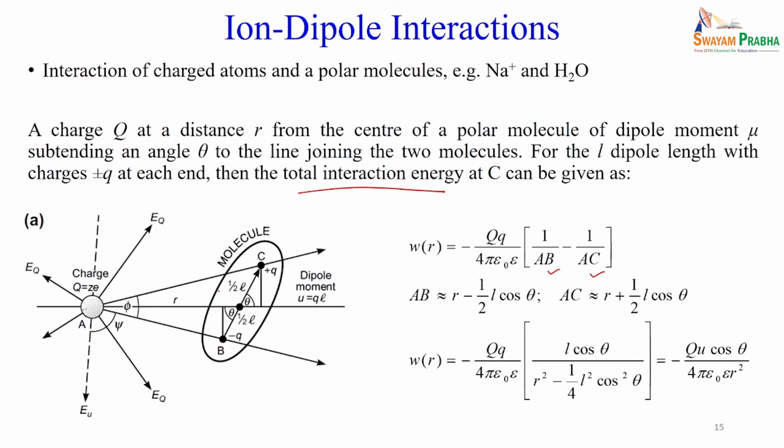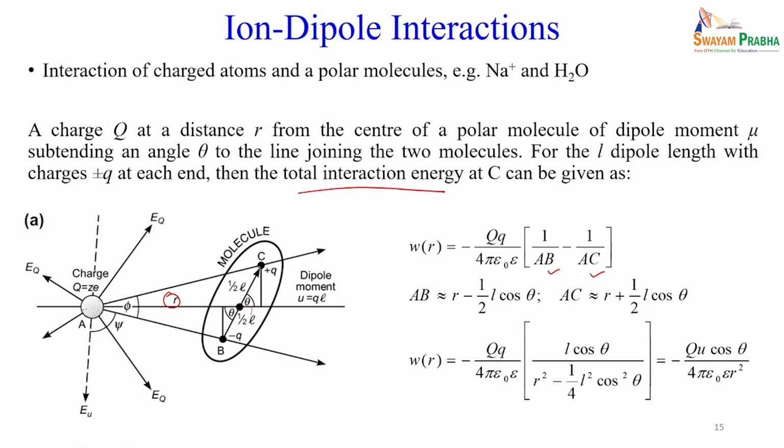Now, this AC and AB can be written in terms of r, as this angle is known to us, and this length will be half of L, half of the distance between the two, and this is theta. So, this will simply be 1 by 2 L cos theta.